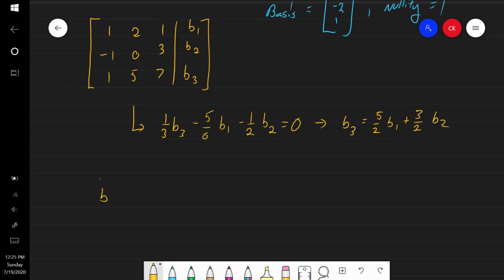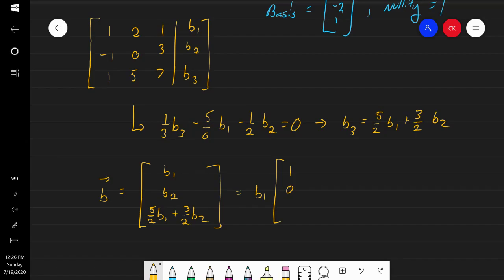So that means that any vector in the range has to take the form B1, B2, again, those being independent variables, and then 5/2 B1 plus 3/2 B2. So now we just write it out in its vector form. So we get B1 times the vector 1, 0, 5 halves plus B2 times the vector 0, 1, 3 halves. And there you have the vector form.